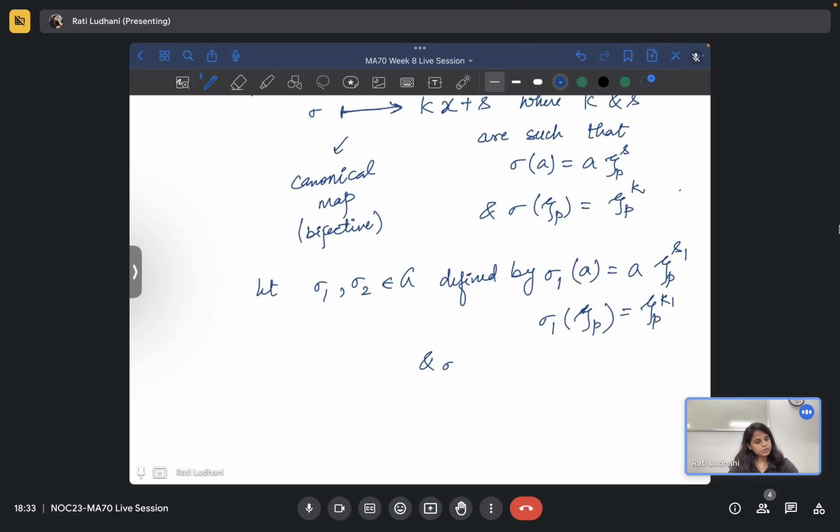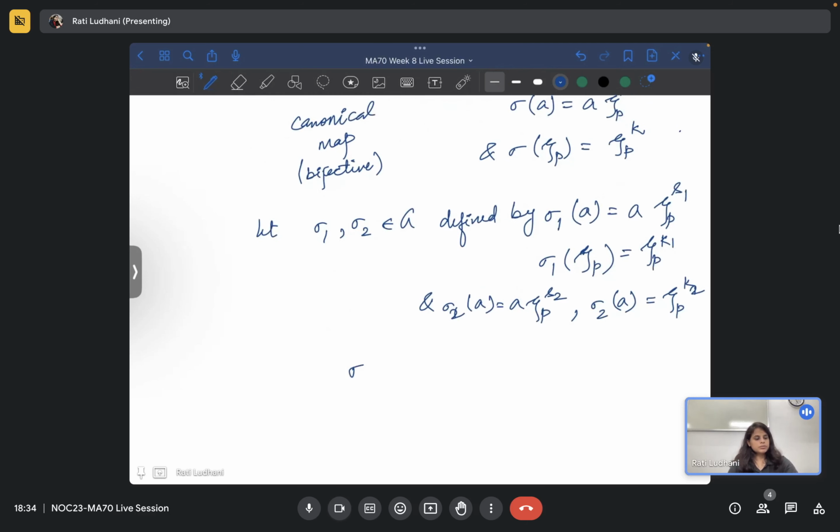And sigma 2 of a is equal to a zeta p raised to power s2, and sigma 2 of zeta p is equal to zeta p raised to power k2. Okay, so we have this.